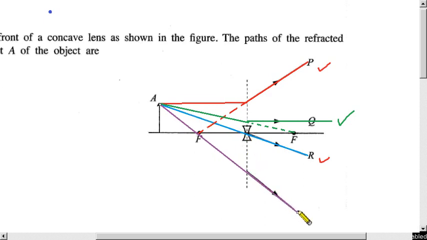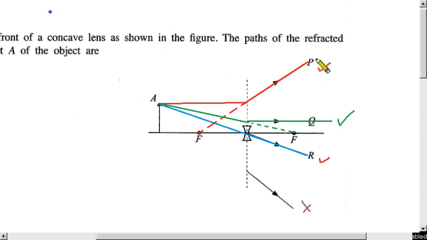So therefore it can't go straight like this. It must bend. Only this ray goes straight without bending. So this ray also leaving the lens without bending, that can't happen. Therefore this ray is wrong.